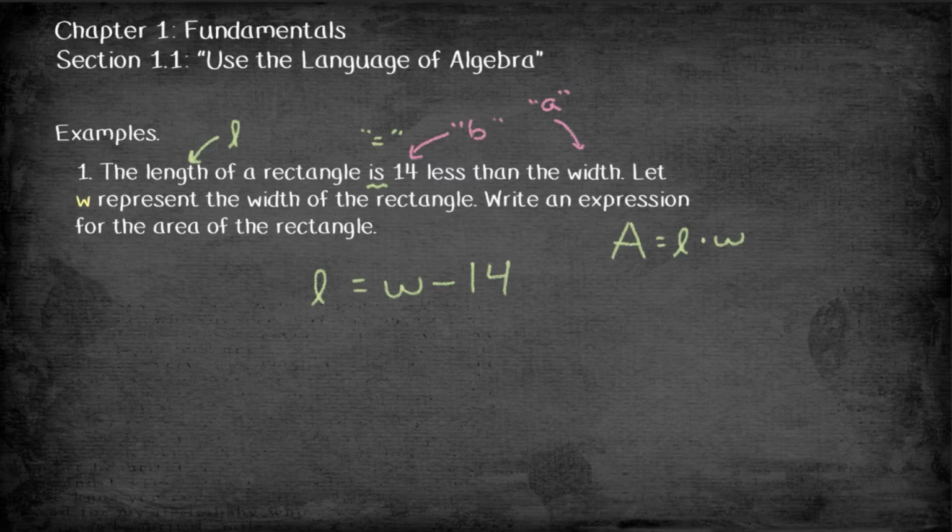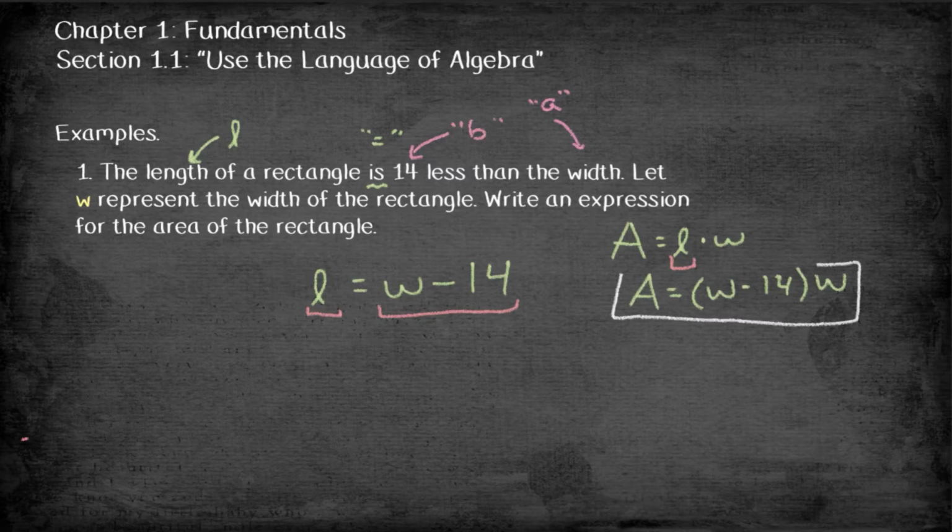And if we know that the area is length times width, and we know L is W minus 14, we can actually write the area replacing the L, the W minus 14, to get W minus 14 times W. And that is what we were being asked to answer.